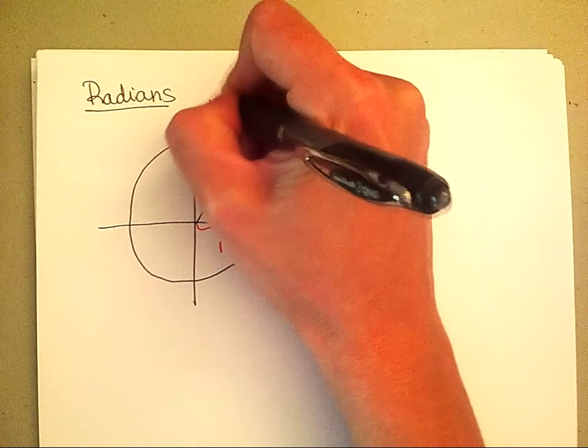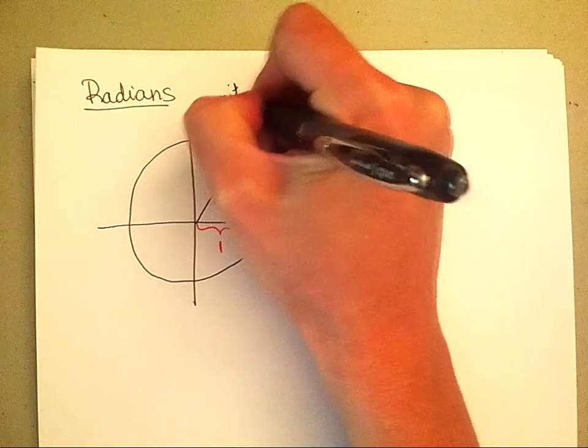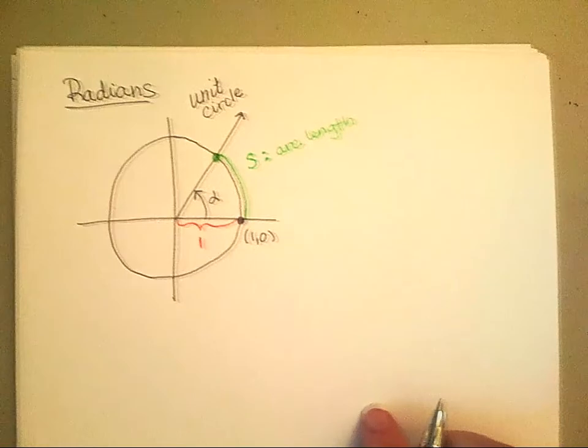So what is, let's see, this is a unit circle. And what is the definition then for radian measure?